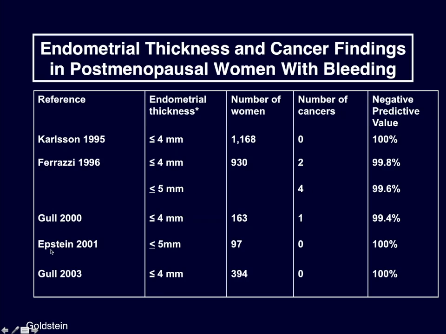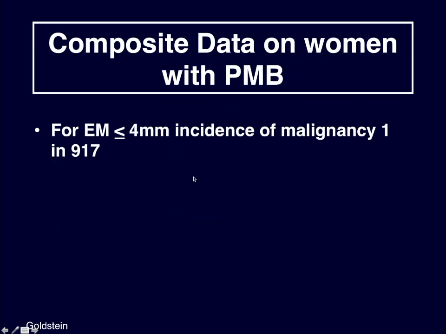If we look at a composite of all of these prospective trials on postmenopausal women with bleeding, for an endometrial echo less than or equal to 4 millimeters, the incidence of malignancy was 1 in 917.